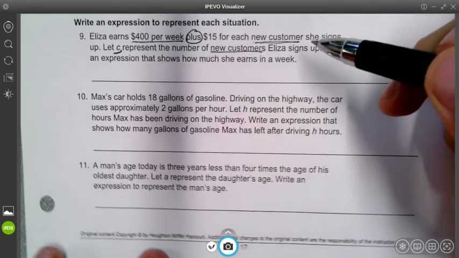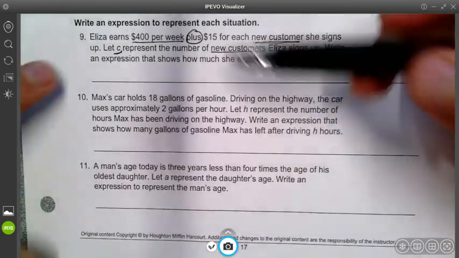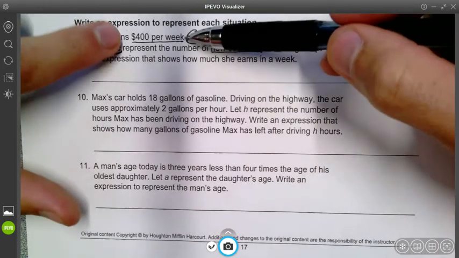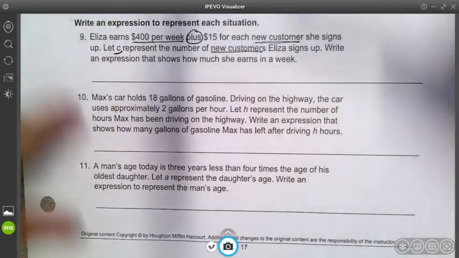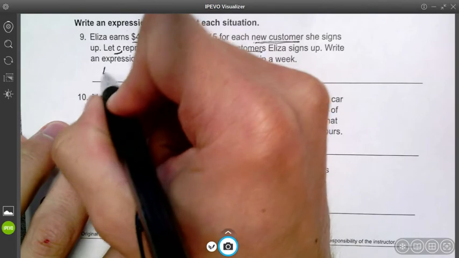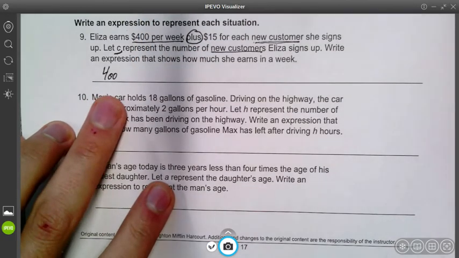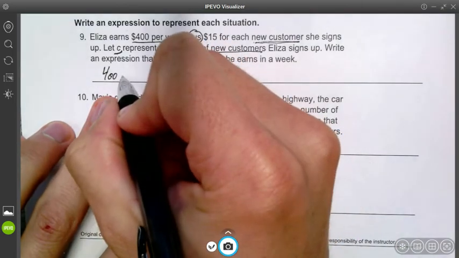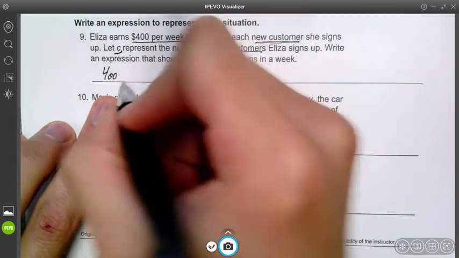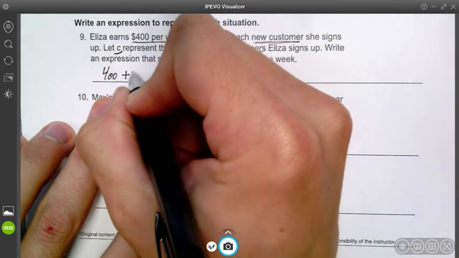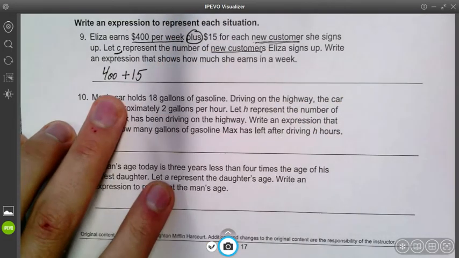Well, if she just shows up to work, apparently this is a pretty nice gig. If she shows up, she gets $400 each week. So this week she earned $400. Well, let's say that she also signed up a new customer. Well, she would add 15 to that.